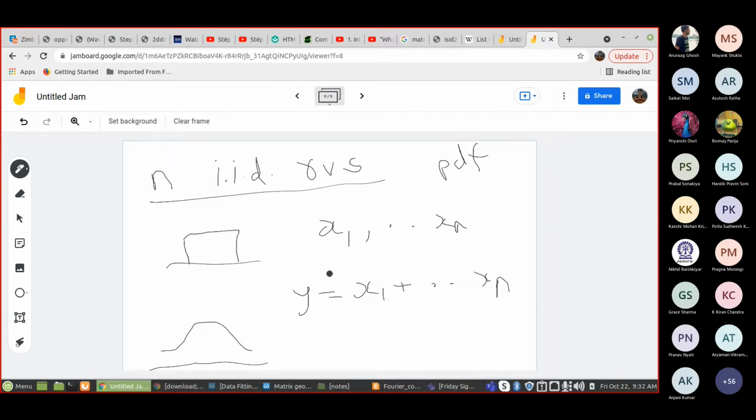And the way to interpret that in terms of convolution is as follows.